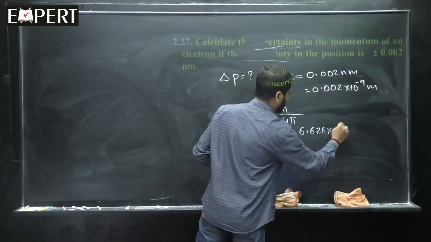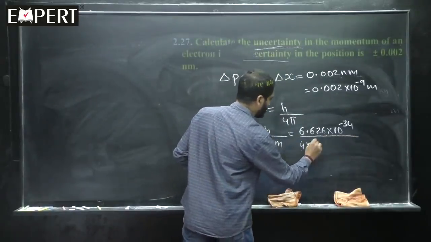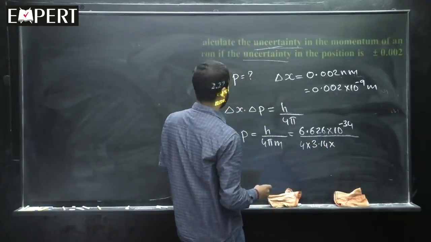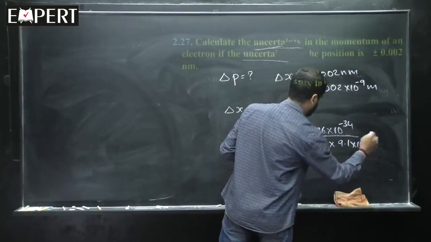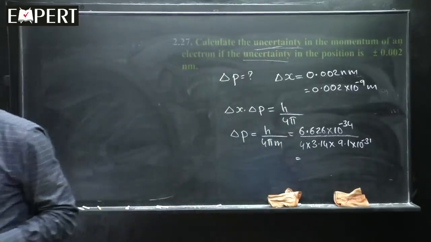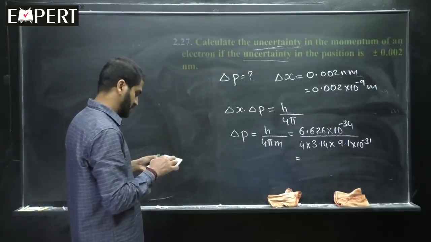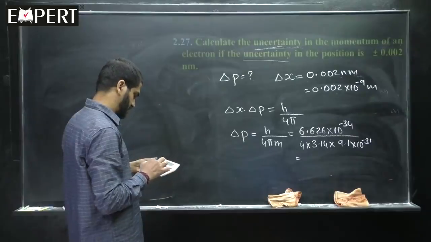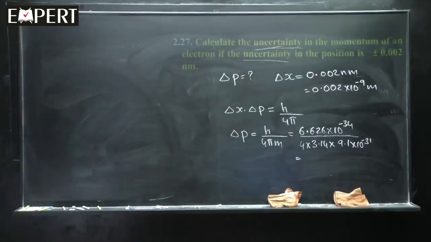6.626 into 10 to the power minus 34 divided by 4 into 3.14 into mass. It's electron, right? Of an electron, we know the mass of electron, 9.1 into 10 to the power minus 31. What would be the answer? Calculator, 6.626 divided by 4 divided by 3.14 divided by 9.1.